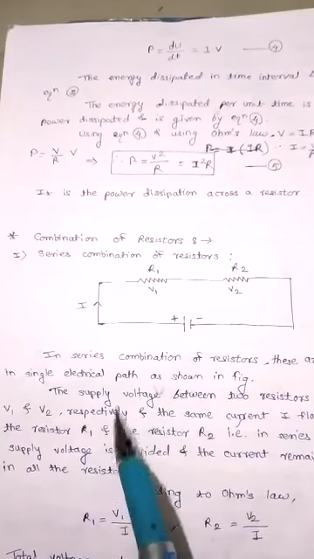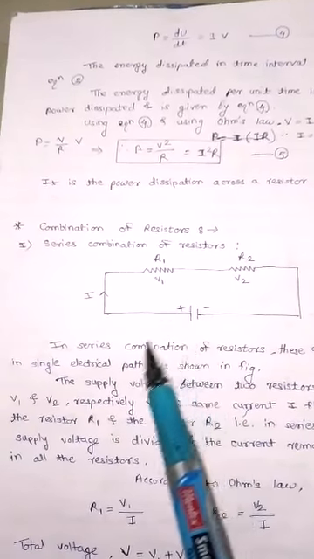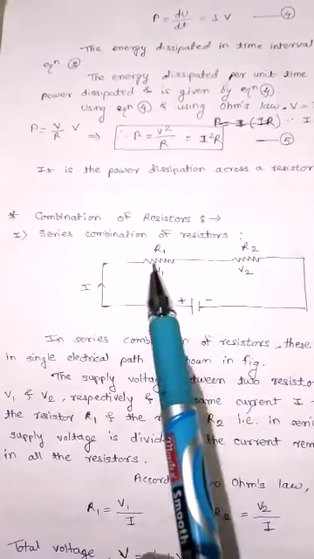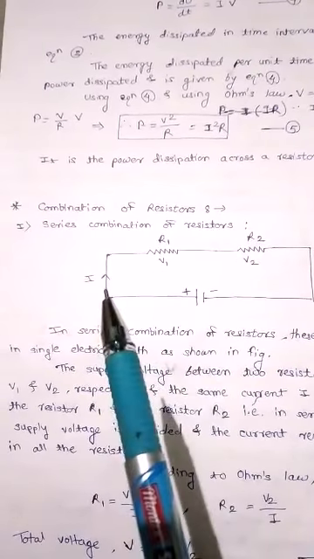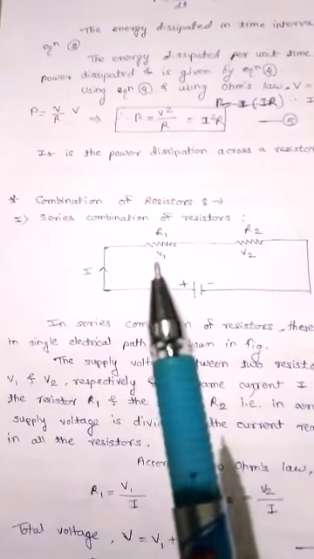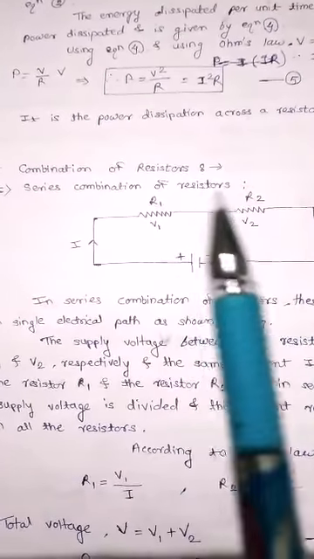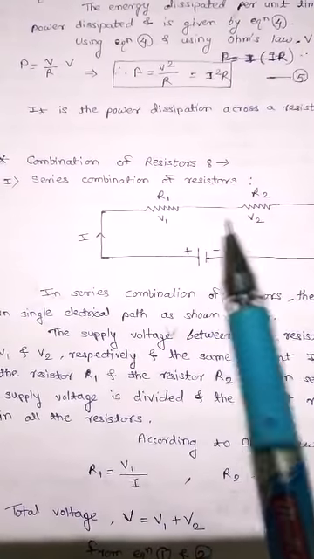According to Ohm's law, we know that V is equal to IR. So according to Ohm's law, R1 is equal to V1 upon I and R2 is equal to V2 upon I. Now total voltage V is equal to V1 plus V2.